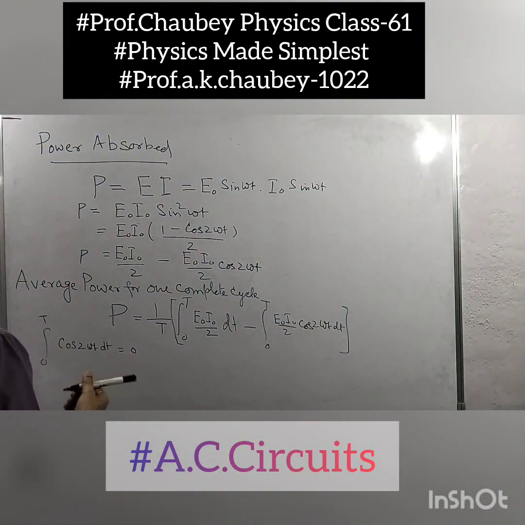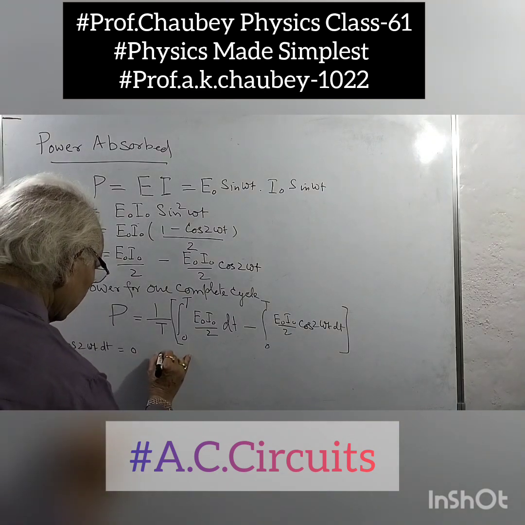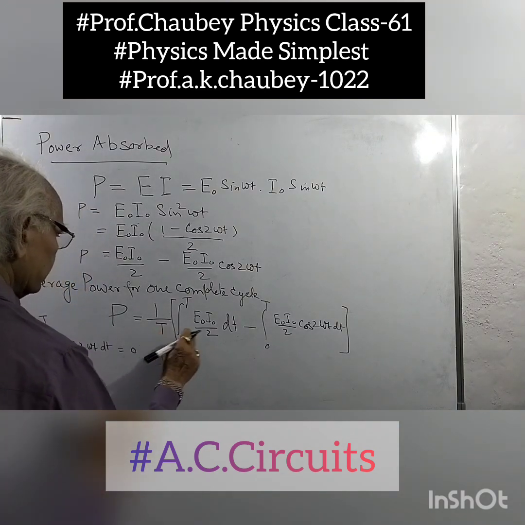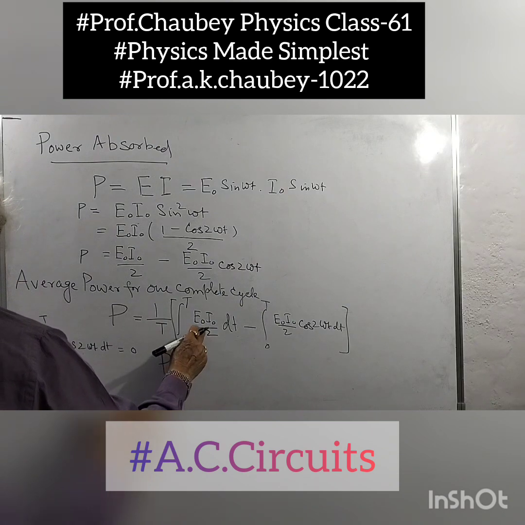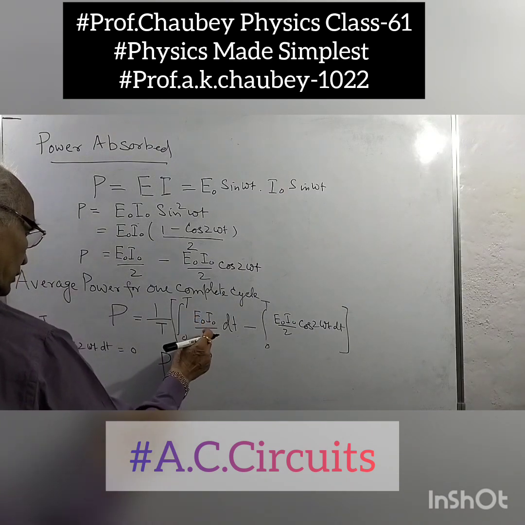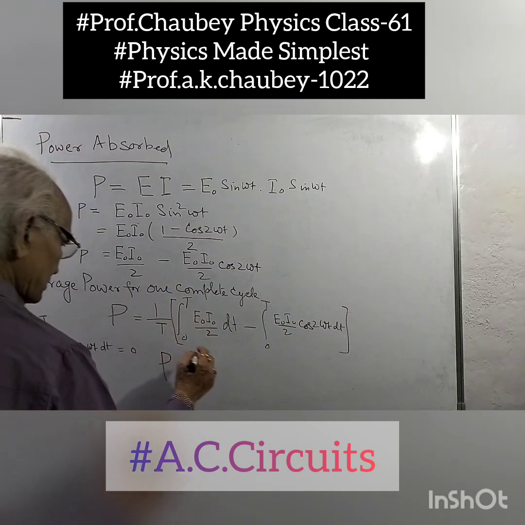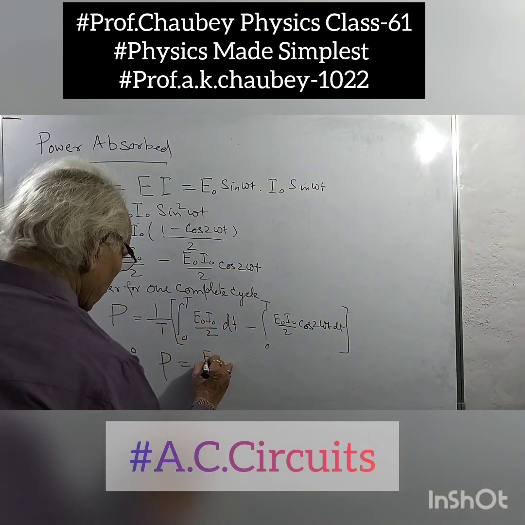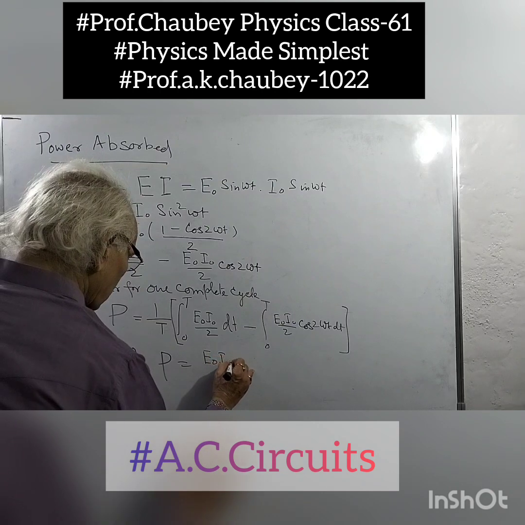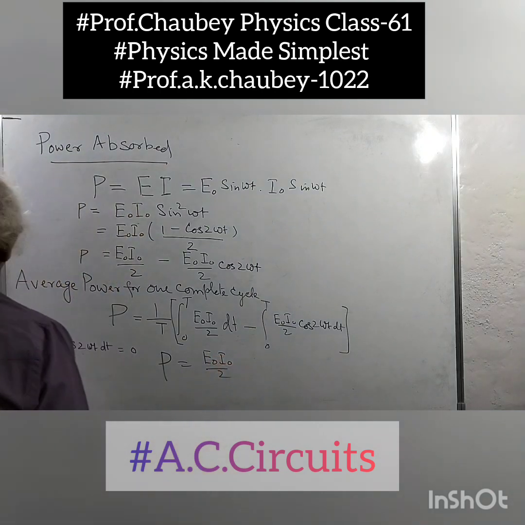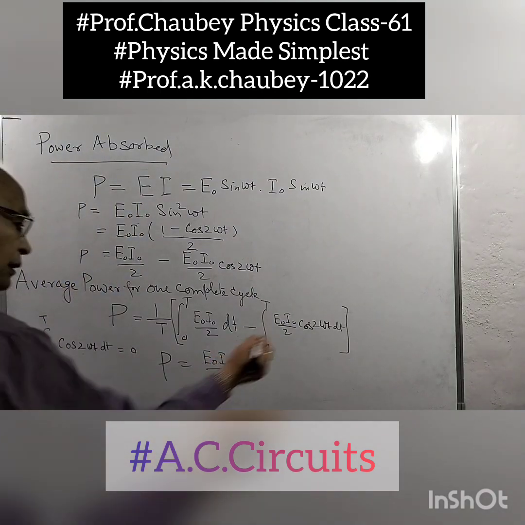What remains is E naught I naught by 2, a constant integrated from 0 to T, so T and T cancel. The other term is 0.